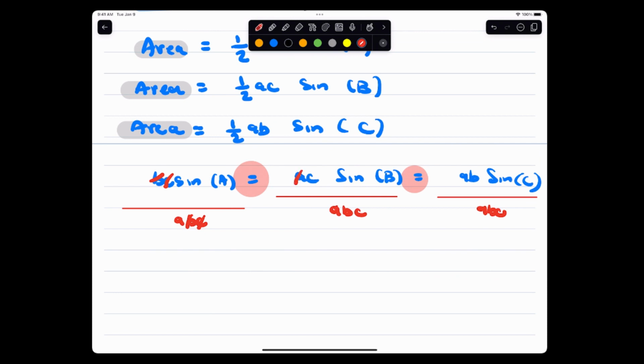The A is gone, the C is gone, and then the A is gone, and the B is gone. And what you are left with is, ladies and gentlemen, take a look. Here's what you're left with. Sine A over A, sine B over B, and sine C over C.